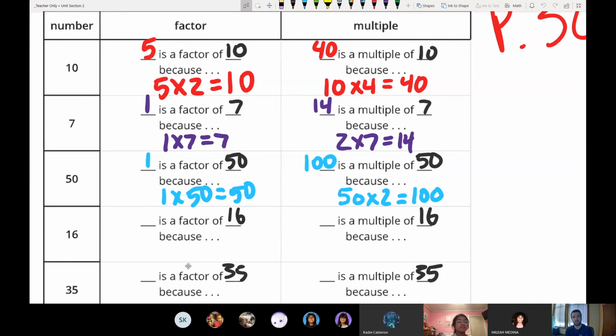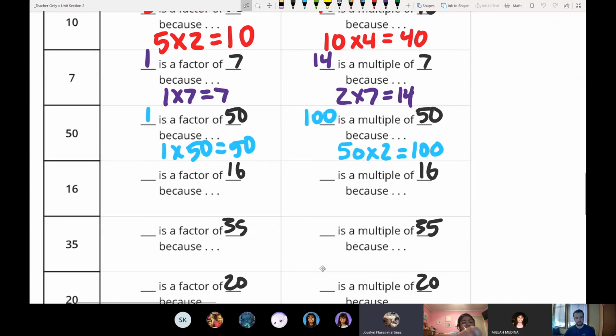I know Camila's got it. She's been on top of this all day. I want to hear from somebody else. Thank you, Camila. Malia's been on top of it all day too. We can go to Jocelyn. Jocelyn, what do you think? What is a factor of 16?